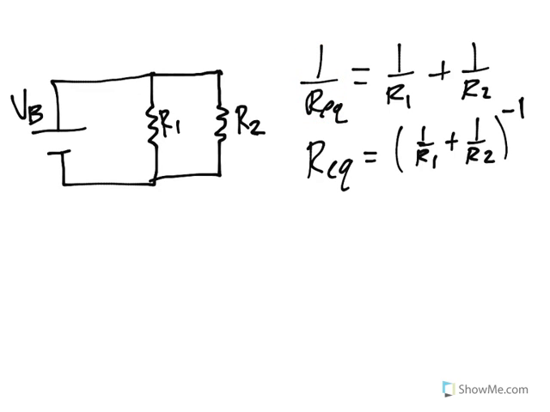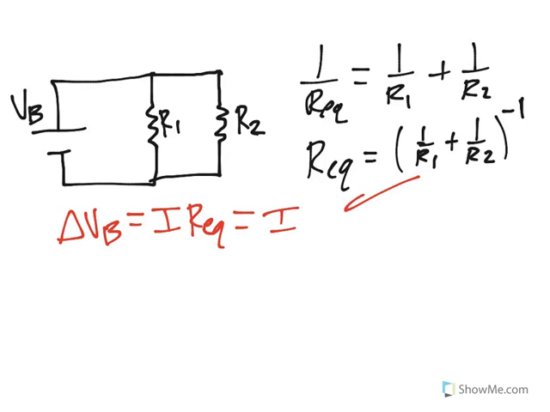So, using Ohm's law, voltage of my battery is equal to my total current times my equivalent resistance, which if I just substitute this in, is 1 over R1 plus 1 over R2 to the negative 1. And if I solve for that current, that tells me the total current coming in right here.